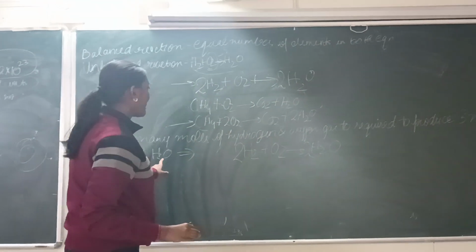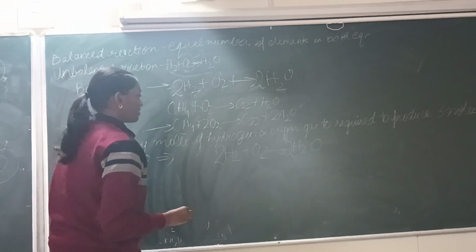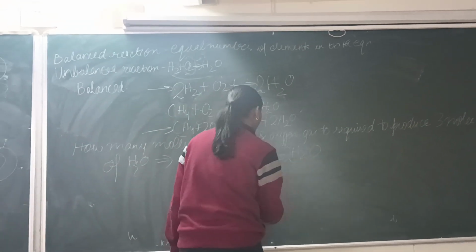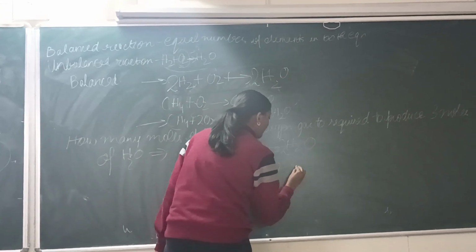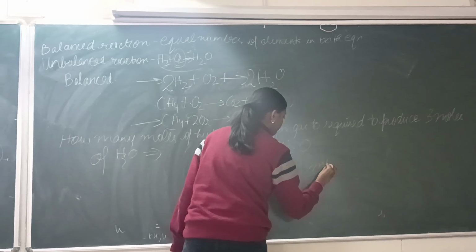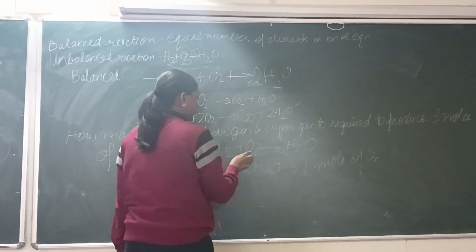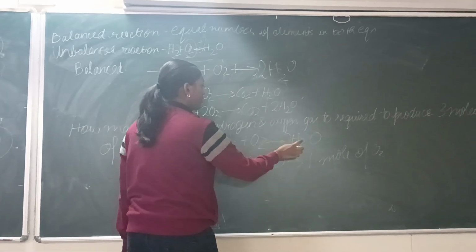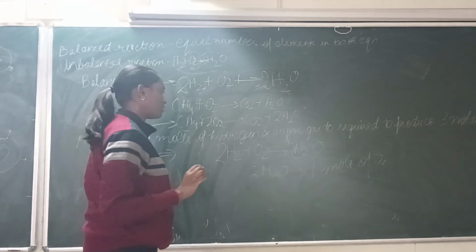Now as it is said, how many moles of hydrogen required to produce 3 moles of H2O? You can see that for producing 2 moles of H2O, we need 1 mole of O2. From the reaction you can understand that you need 1 mole of O2 to produce 2 moles of H2O. Now it is asking you to produce 3 moles of H2O.